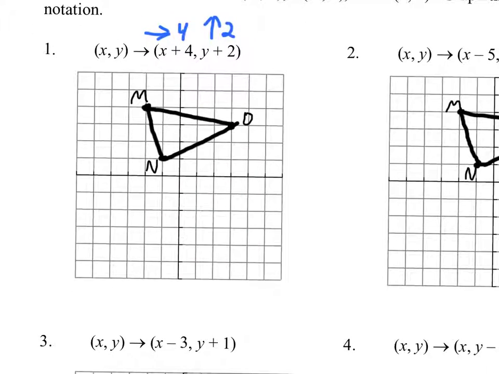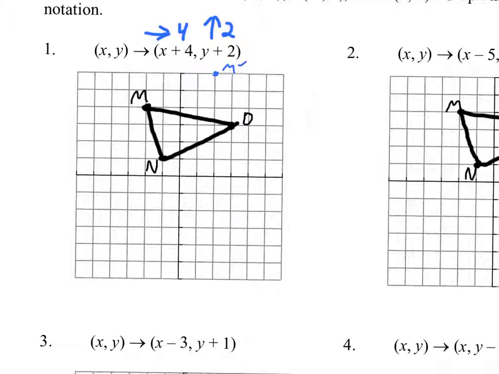Okay, so that's all a lot of setup. Back to number 1 here. What we're going to do is take each one of these vertices and move them over to the right 4 and up 2. So over 1, 2, 3, 4, and up 2. The new M will be right here, and we'll label that M prime. We'll do the same thing with all of them. O over 1, 2, 3, 4. And yep, sometimes you have to go off the graph a little. That's okay.